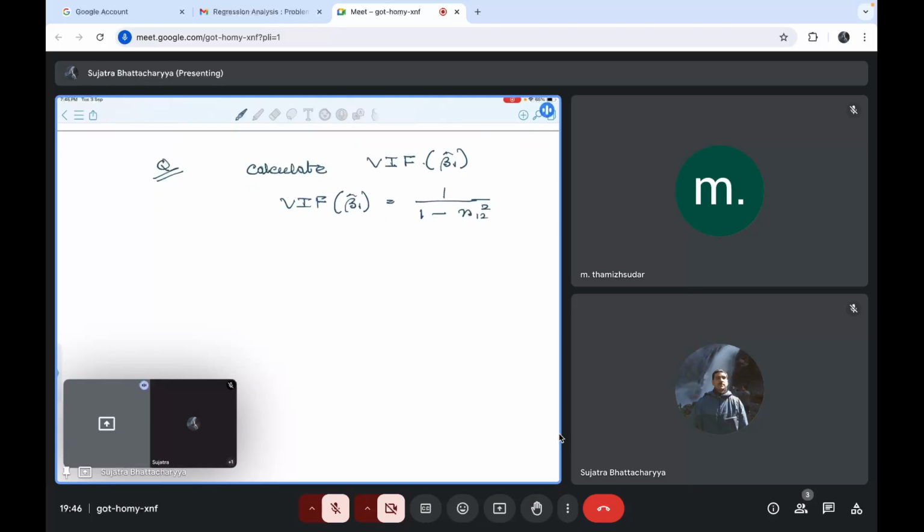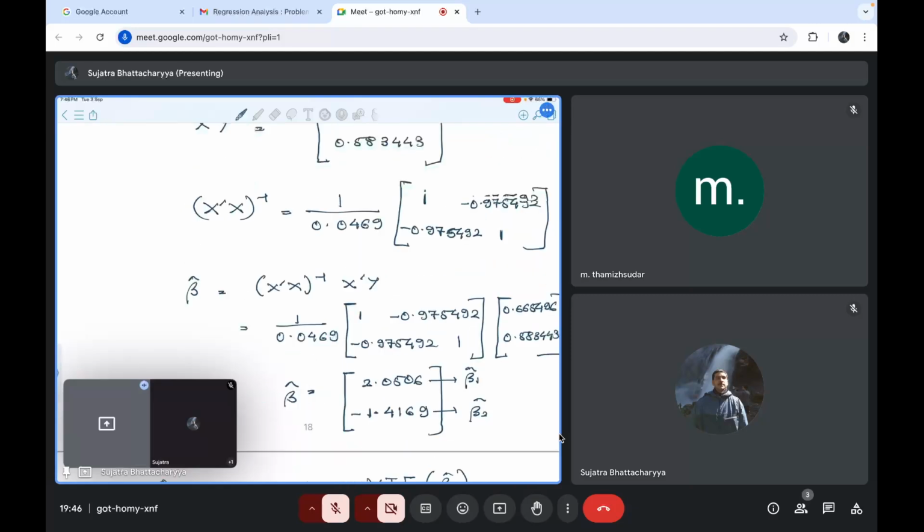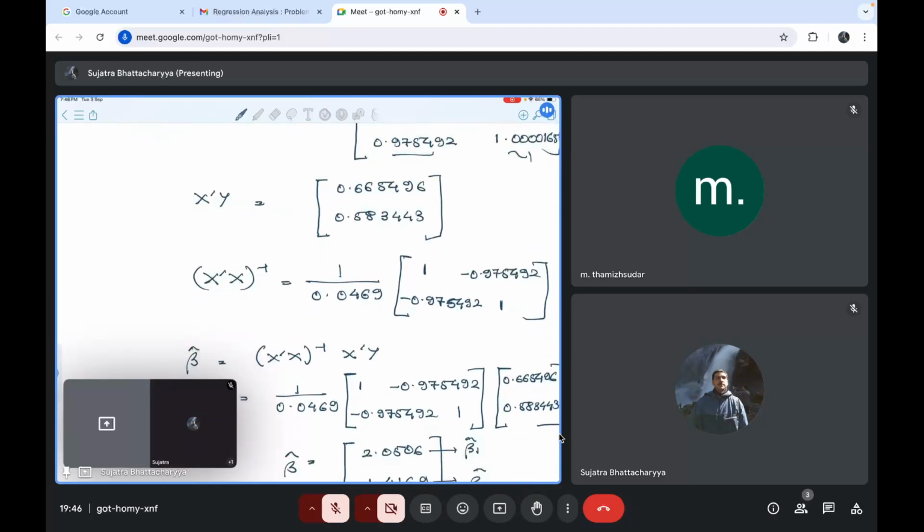I know that R12 square is nothing but 0.975492 its square, because this is your R12, correct?